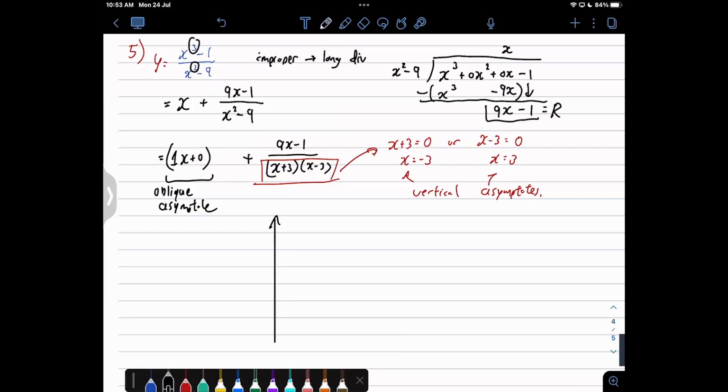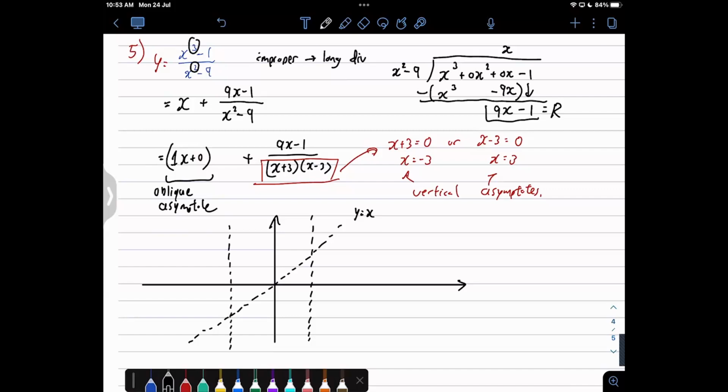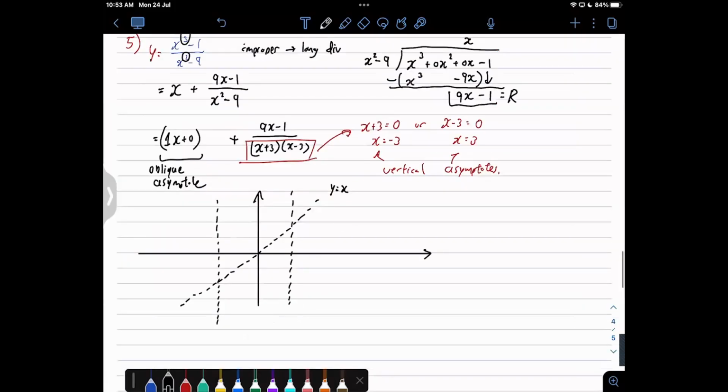Then here is how you draw the graph. First, you draw in the oblique asymptote, y equals mx plus c. In this case, it's 1x. So I'm just going to draw it. Then we have x equals 3, so we draw it in. x equals negative 3, draw it in. I need a bit more space.